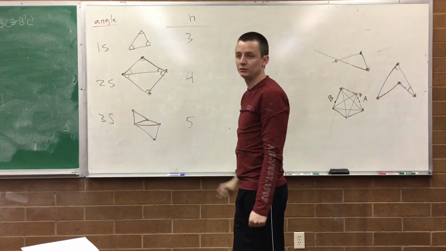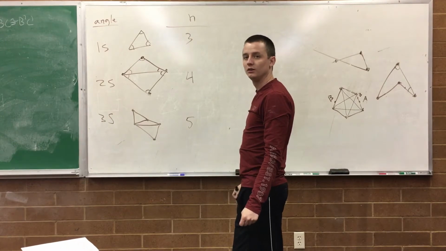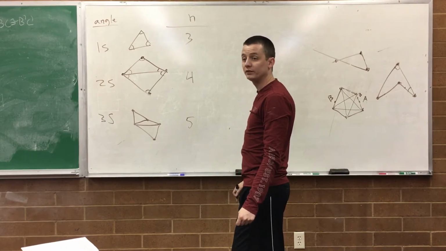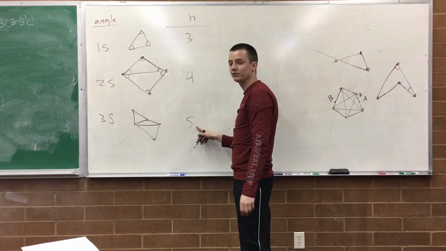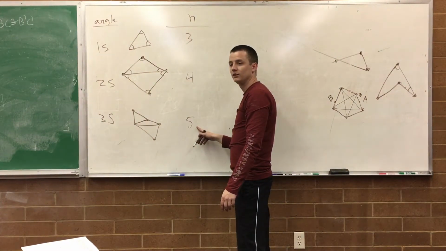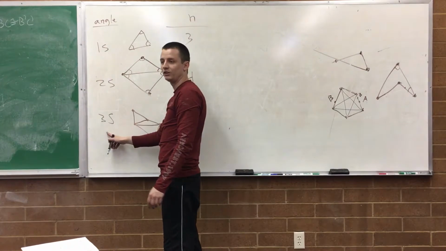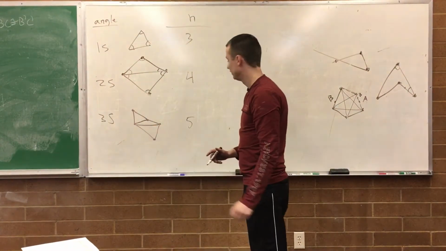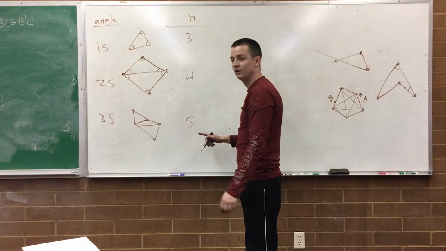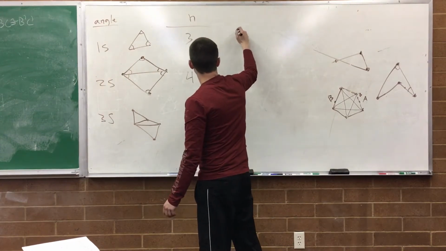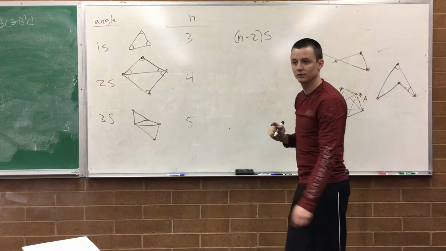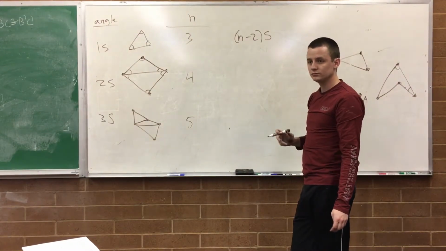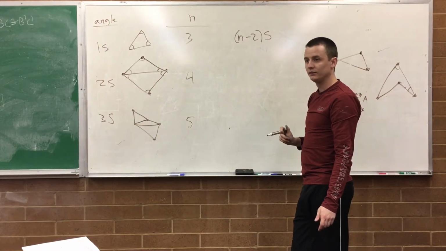What's the sum of its angles? N plus 2? Well, let's check that. This is 5. What's 5 plus 2? Well, 7. Is this 7? I don't know. You have the right idea, you just said it wrong: n minus 2 straight angles. Does that make sense?